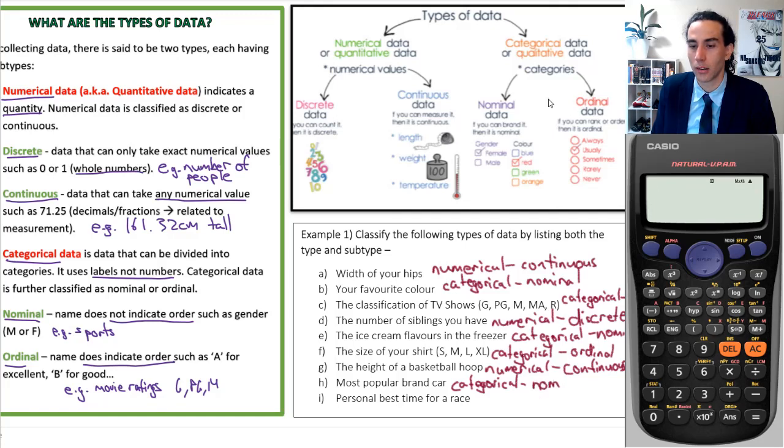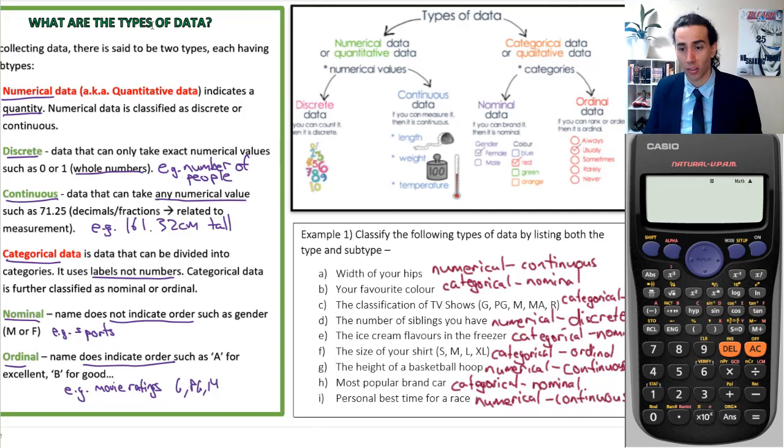Putting Ford against Holden, no, that's something that you do as humans. It's not something there in the data itself. And a time, time is a number, personal best time. And yeah, you can measure time really precisely, 13.127 seconds, but that's Olympic level measuring because they go real close.